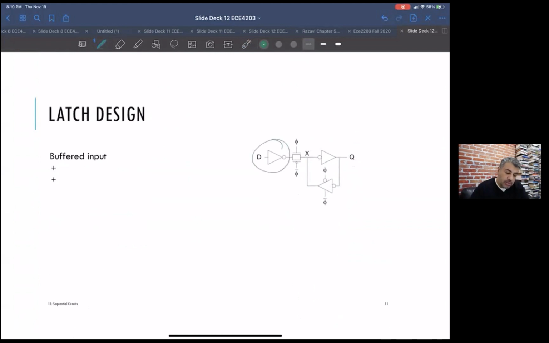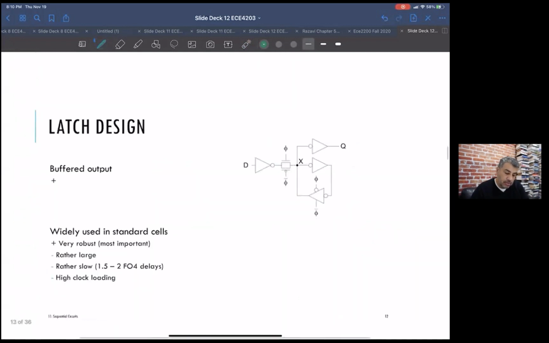Okay, so now there are sort of improvements on this. You can put a buffer on the input. So that gives you a non-inverting output, because you have one inverter and you have your second inverter. So Q is not an inverted version of D, and you're driving a gate now. Okay, that's good.